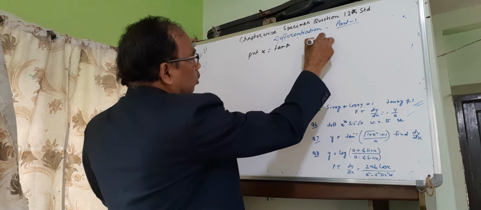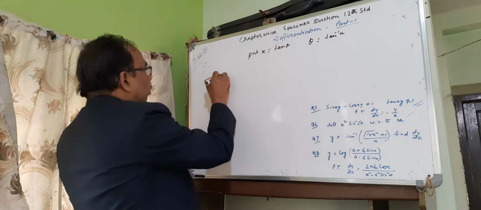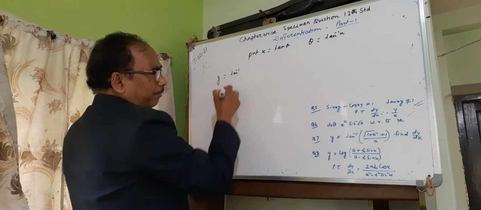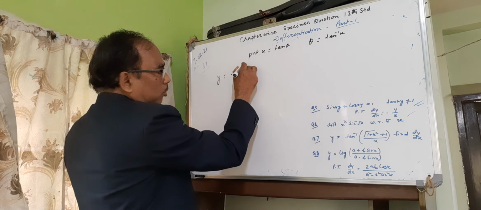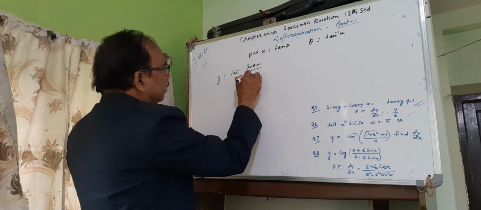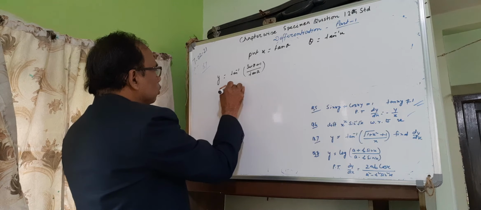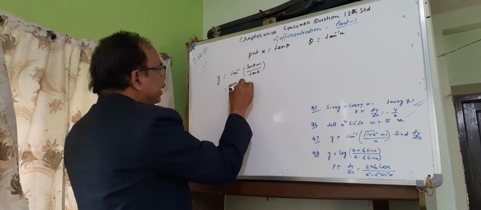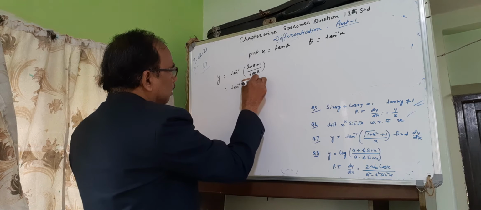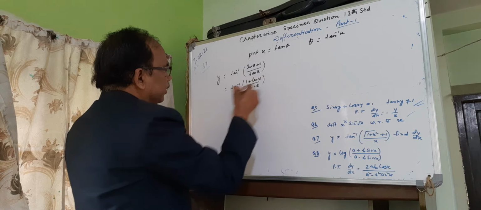Then theta equals tan inverse x. Then y equals tan inverse of root of 1 plus tan square theta, which is sec square, that is sec theta, minus 1, by tan theta, equals tan inverse of 1 by cos theta minus 1, that is 1 minus cos theta by sin theta.